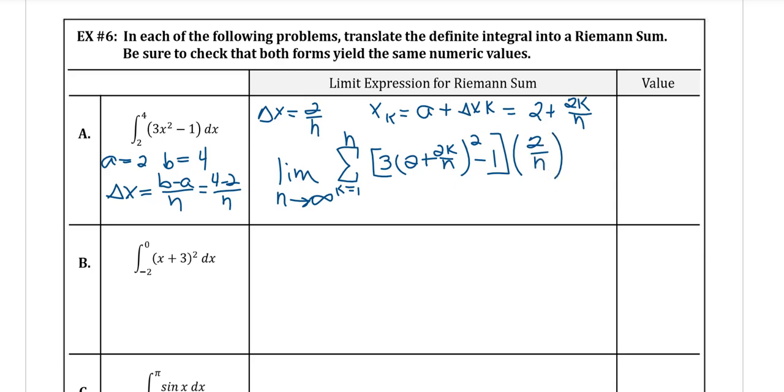Now I can't really simplify that any more unless I want to multiply out that quadratic, and I don't really feel like doing that. It's not really necessary, so I'll leave it like this.